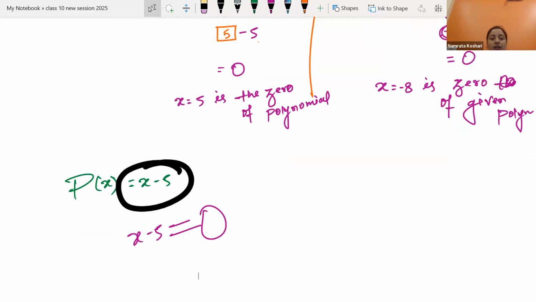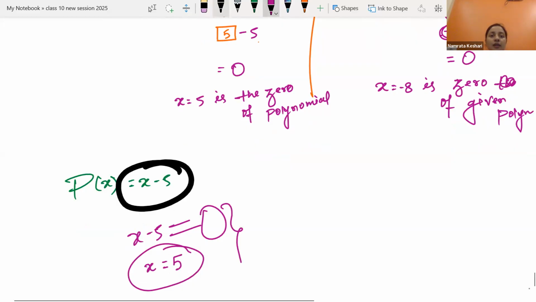Then try finding the x value just by solving the equation using the class 7, class 8 method. You will get the x value. That x value is called the zero of the polynomial. Getting it? Yes, ma'am. I've learned it.